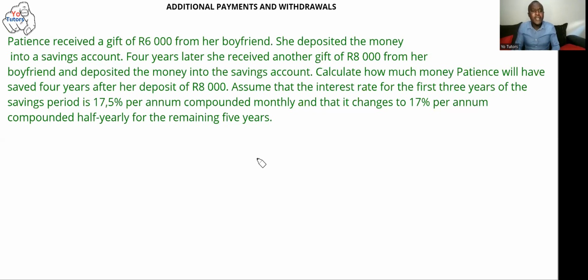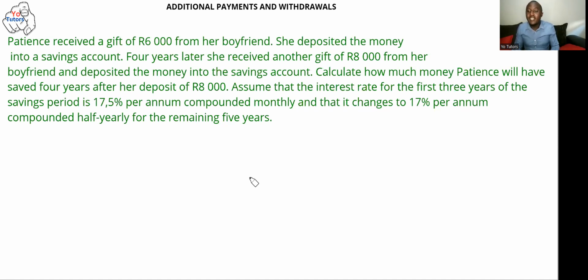Now, Patience received a gift of 6,000 from a boyfriend. She deposited the money into a savings account. 4 years later, she received another gift of 8,000 from a boyfriend and deposited the money into the savings account.